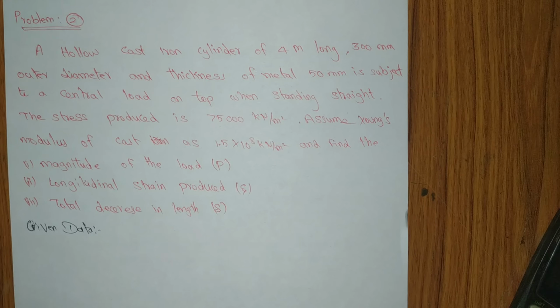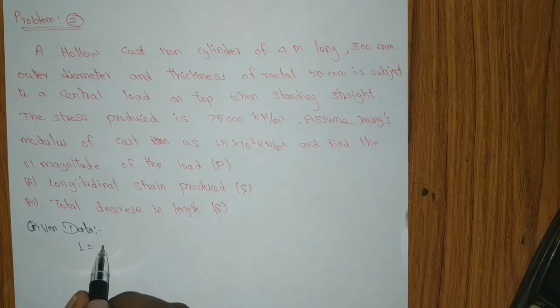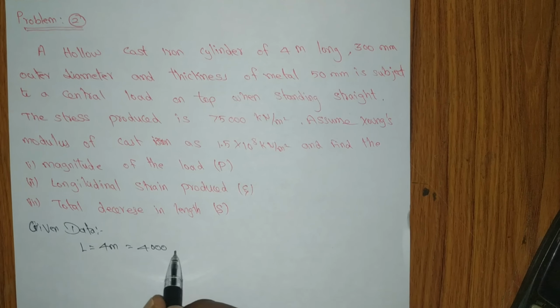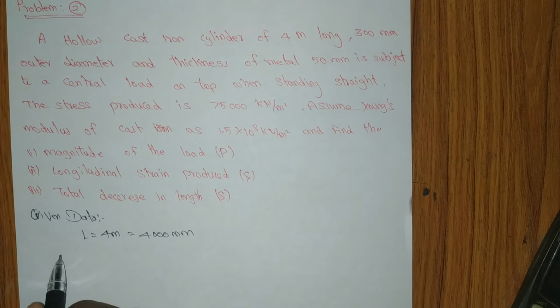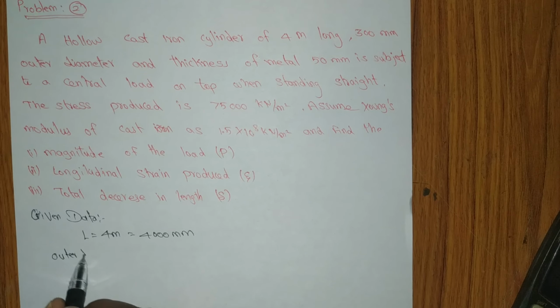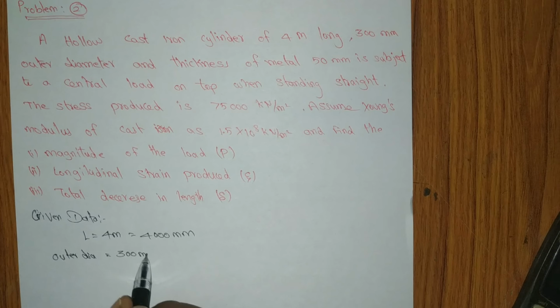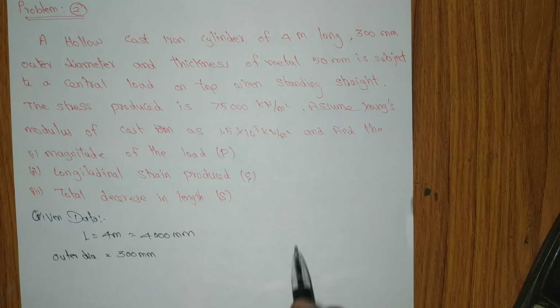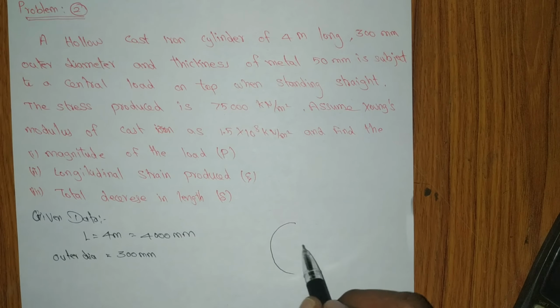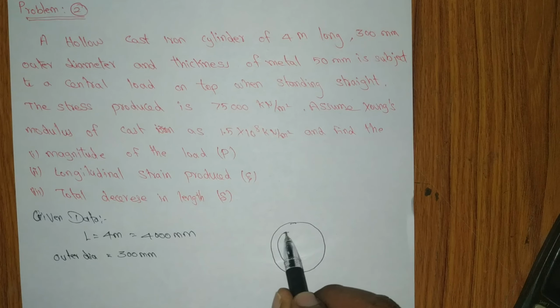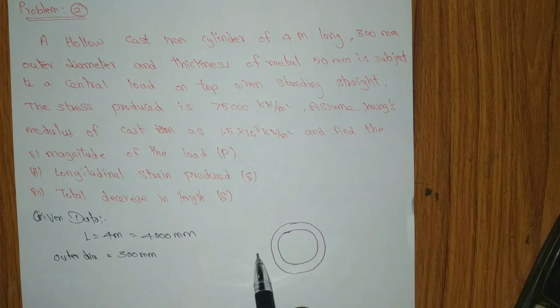The given length L equal to 4 meter, it is 4000 mm. Outer dia is 300 mm. So we have circular hollow section, and this is the outer diameter.